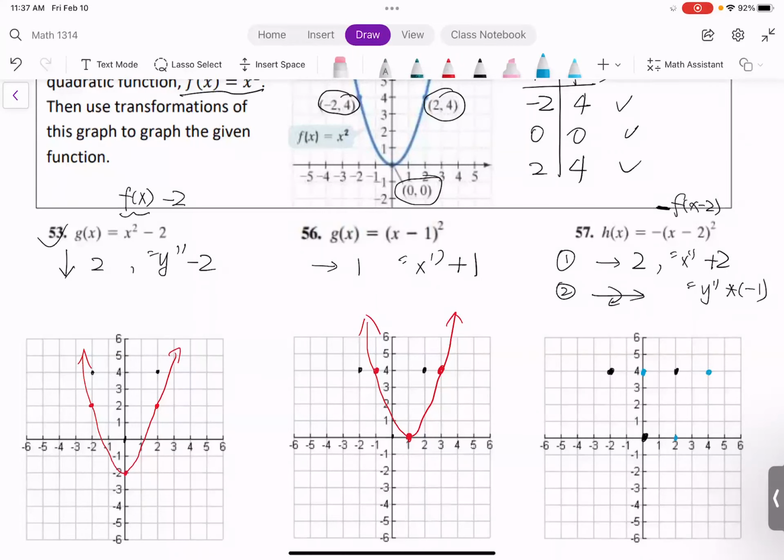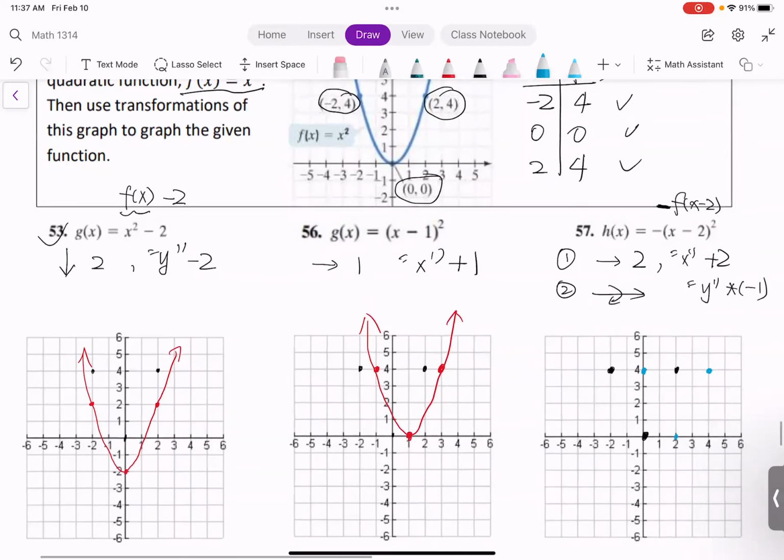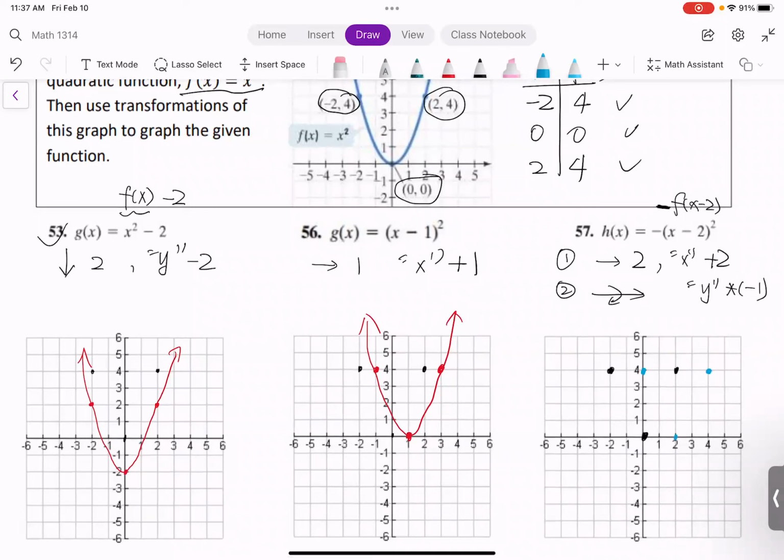Then the second transformation, reflect along the y-axis. Oh, sorry, reflect along the x-axis. So let's use red color. Reflect the blue point down along the x-axis. So I got the key point here, and reflect the second blue point. The second blue point, the y value is 0. 0 multiplied by -1 is 0. It stays here.